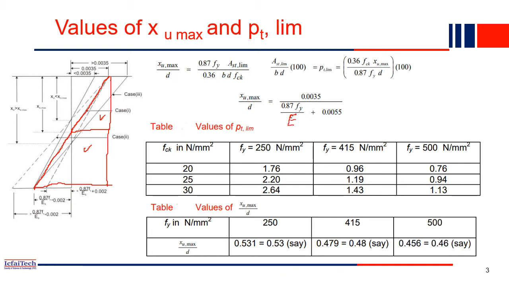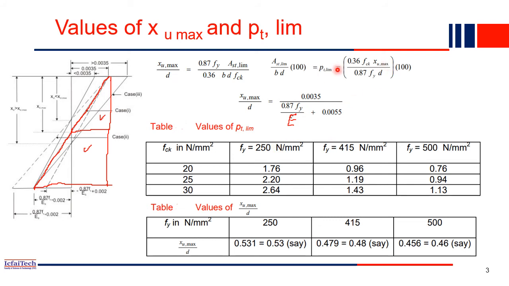For example, you are using Fy 250 grade of steel for your design. Then the Fy value is 250. In this expression, you just substitute the value of Fy as 250, and compute the XU by D value. Once you know the XU by D value, substitute it here, and consider FCK as 20 MPa. So FCK value 20 MPa and Fy value 250.